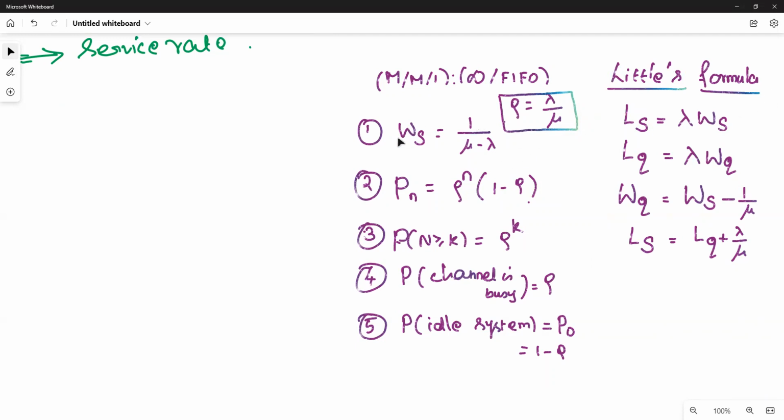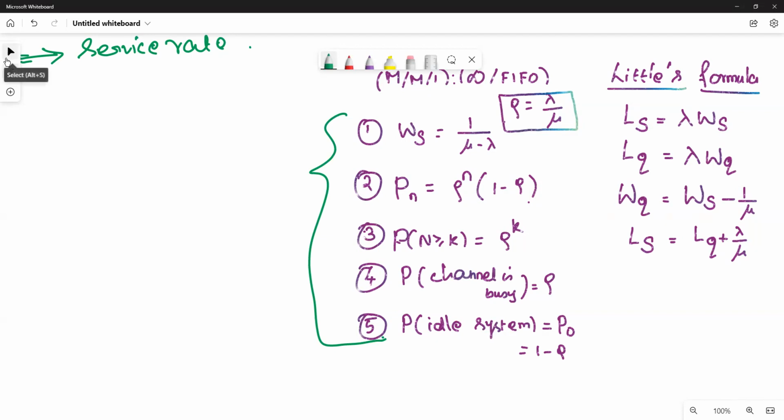Then, particularly for this single server infinite capacity model, we should be thorough with these five basic formulae. WS, the waiting time in the system, is given as 1 by (mu minus lambda). These are exclusively for this single server infinite capacity model.